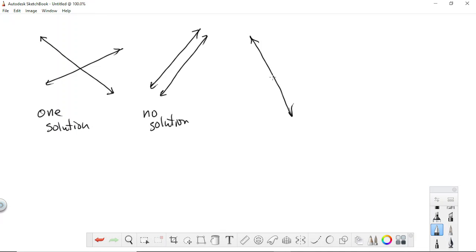It turns out they're the same line. The equations may look different, but they really are the same line. And so sometimes they will give you a problem like that. So what's the deal then? If you have two equations and they really correspond to the same line, then every point on that line actually satisfies both equations, right? And in that case, we just write that down as infinitely many solutions.